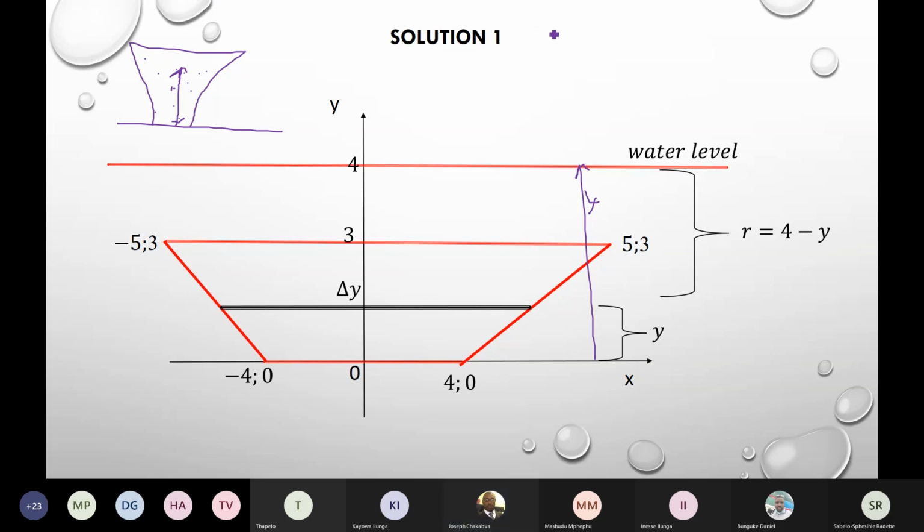Now, distance from strip to, my handwriting is bad, to x-axis.